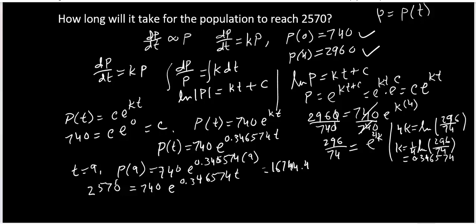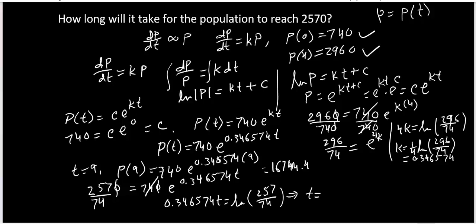Now again you can cancel this 0 from both sides, divide by 74, so it will cancel out here. If you take the natural log, you will get 0.346574 t equals natural log of 257 over 74.